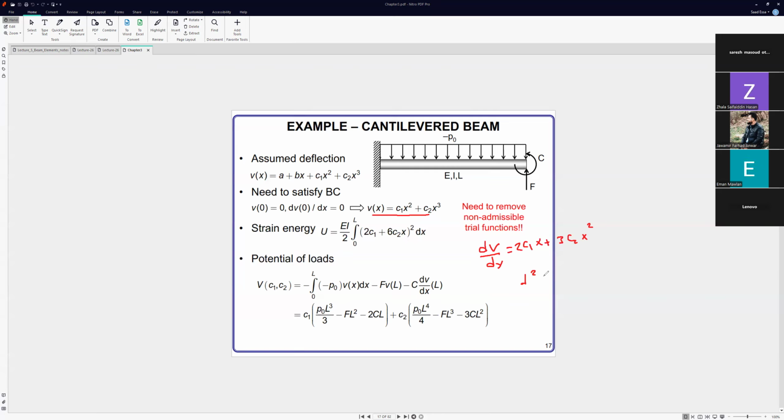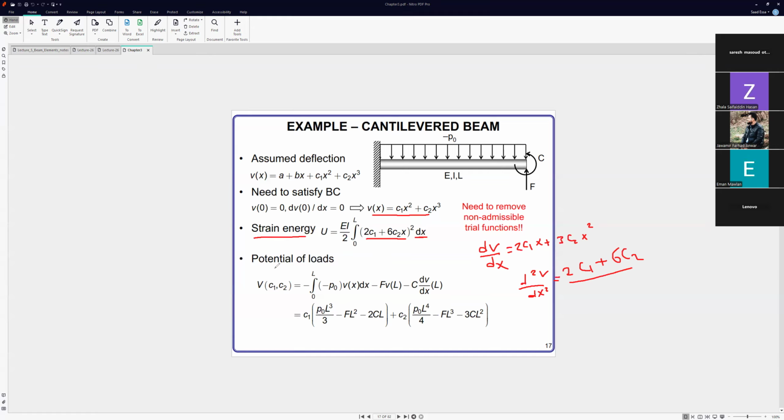And d square v over dx squared is equal to 2C1 plus 6C2 x. So this one, if you don't write, you can make the mistake. So this is the 2C1 plus 6C2 x all square dx.